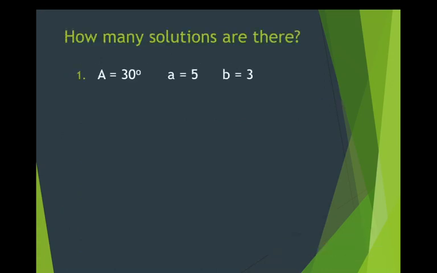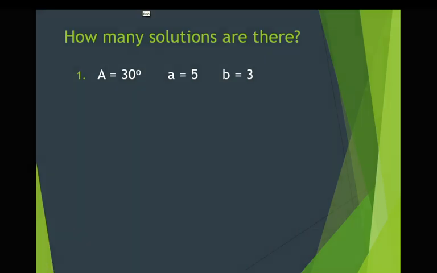So, for this one, do I have the ambiguous case? And how many solutions are there? So I look. I'm given side A and side B. Am I given an angle that matches one of those? Yep, I'm given angle A. So this could be the ambiguous case. So the first thing I need to do is look. Is A bigger than B?